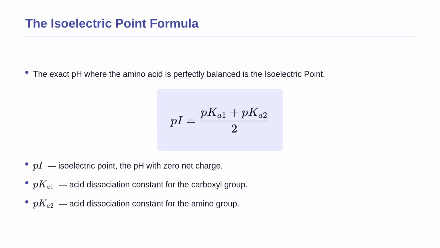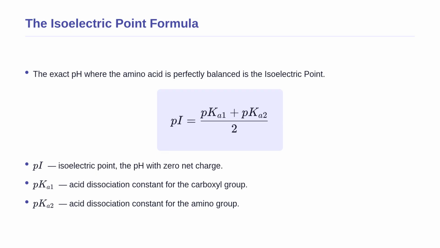To find exactly when this zwitterion state occurs, we use a specific mathematical formula. Conceptually, this formula finds the exact pH level, called the isoelectric point, where the amino acid reaches a perfectly balanced neutral state. Let us look at the symbols. The term pI represents the isoelectric point itself. The term pKa1 represents the acid dissociation constant for the carboxyl group, which tells us how easily it gives up a proton.